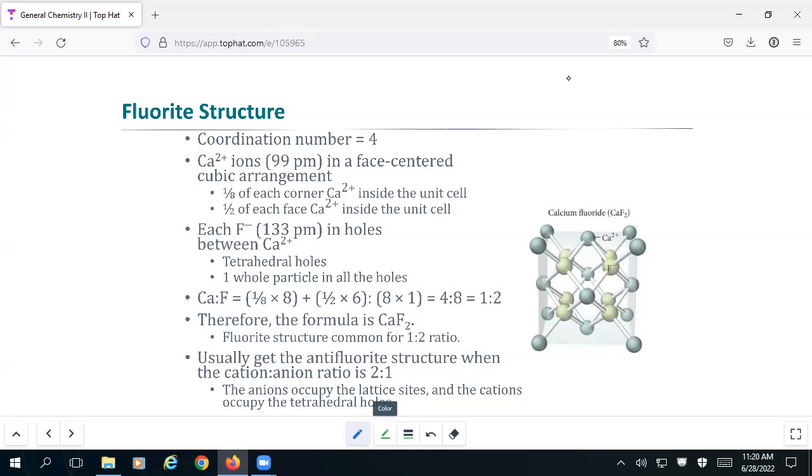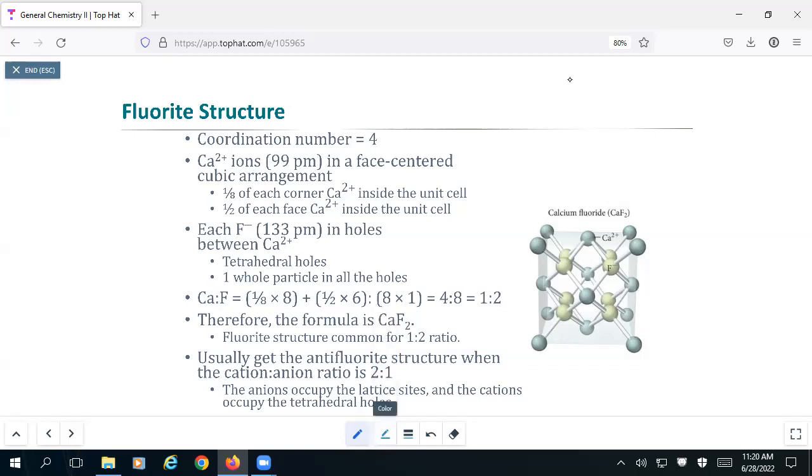Fluorite. Fluorite is calcium fluoride. Now, fluorite's an interesting setup. We actually see kind of the reverse here, where instead of the anion making up the structure, it is the smaller cation that is making up the structure instead. So what happens is we've got the calcium ions in a face-centered arrangement.